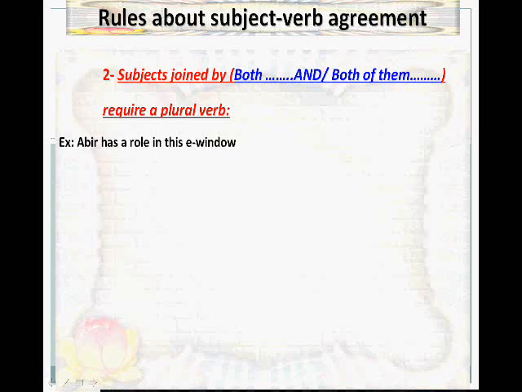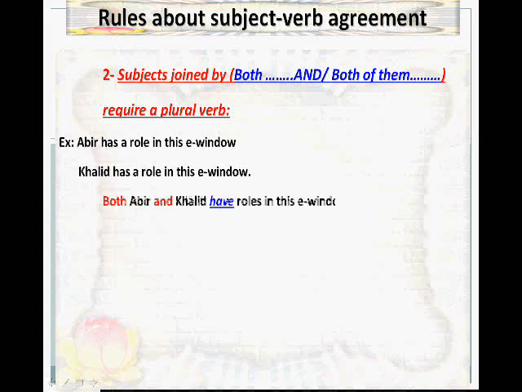Let's look at another example. Abir has a role in this e-window. Khalid has a role in this e-window. So we have here Abir, the subject, and the verb has, singular. Khalid, and the verb has, also singular. Okay. Then if I use both and, it will be like this. Both Abir and Khalid have roles in this e-window.